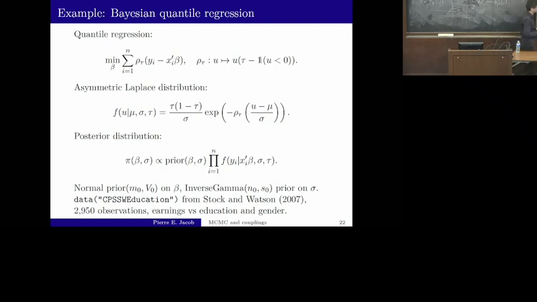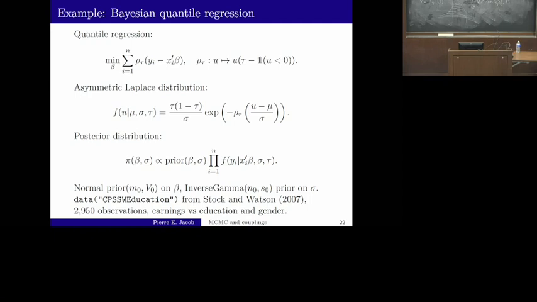And the idea of that Gibbs sampler is a bit similar to the idea behind the probit regression stuff. So you represent basically this quantile, you're looking at this and you think maybe this looks like minus the log likelihood of a certain distribution. And that distribution, in fact, would be the asymmetric Laplace distribution. So you define it by taking the exponential of minus the check function.